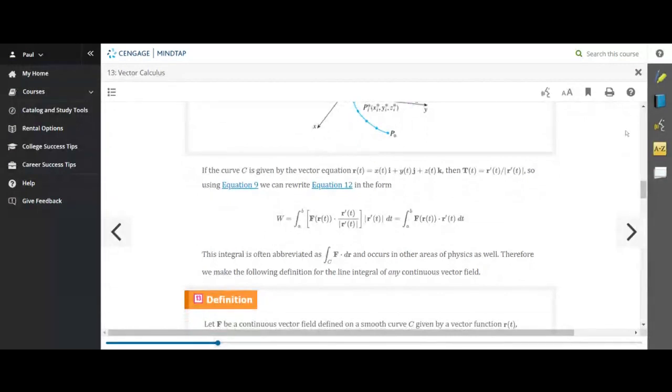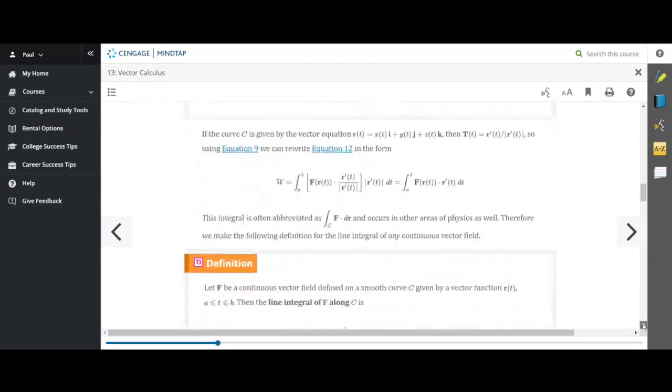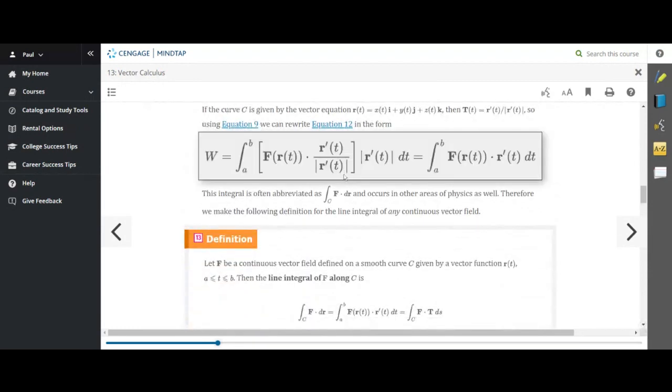Okay, so the tangent vector is a unit vector, right? Here's the work. If we were to rewrite the tangent vector, we could do it this way. The tangent vector is the derivative of the position vector divided by the length of that derivative, and the ds can be replaced by the length of r prime of t dt.